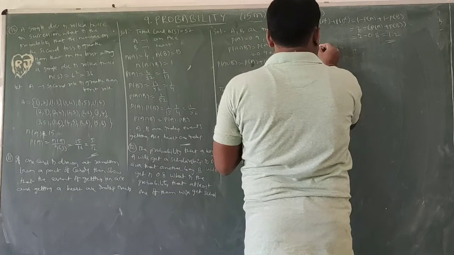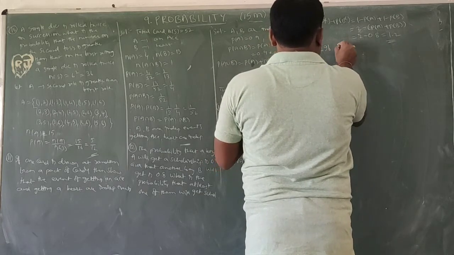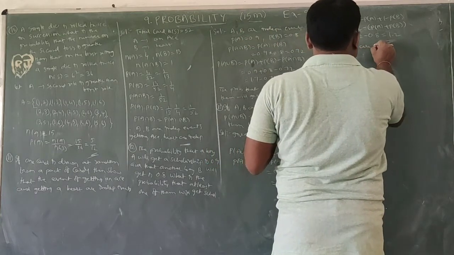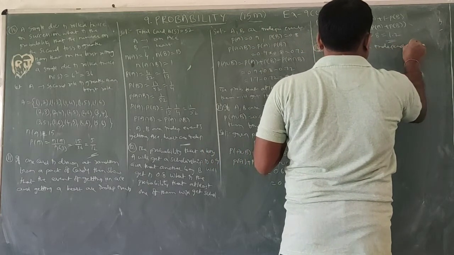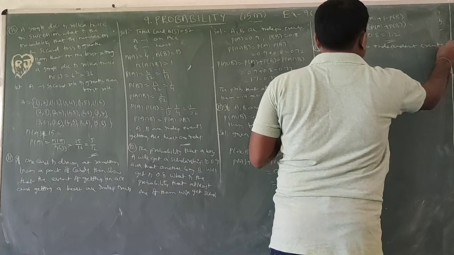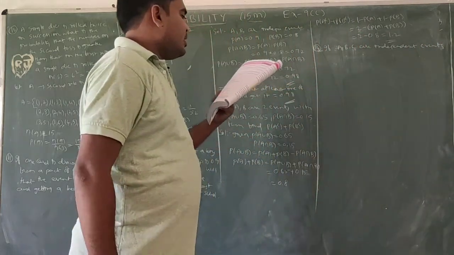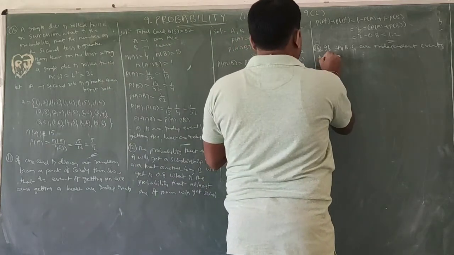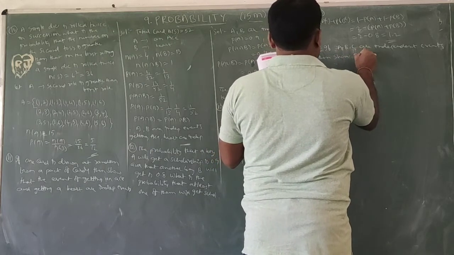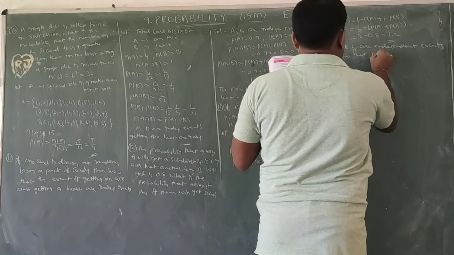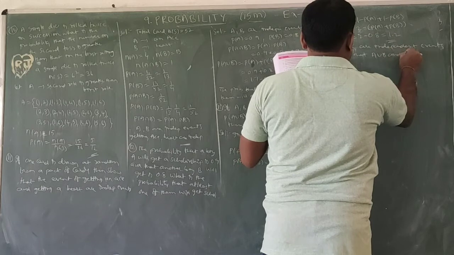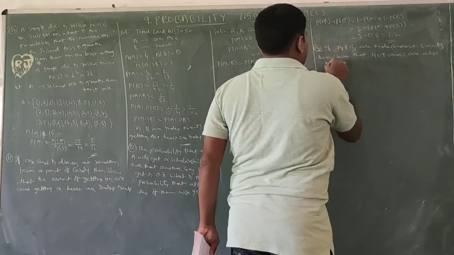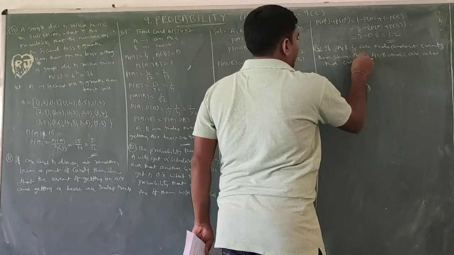14. If A, B, C are independent events, then show that A union B and C are also independent events.